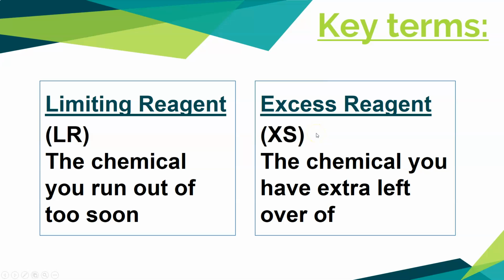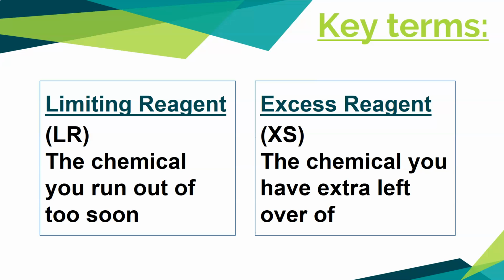I like to kind of think of this as, if you ever go to the store and try to buy hot dogs and hot dog buns, the package of hot dogs and the package of hot dog buns never match up in numbers, right? You buy a pack of 12 hot dog buns, but you get a pack of 8 hot dogs. So you end up with some extra buns left over, right?